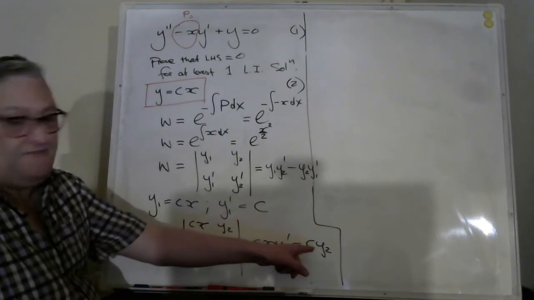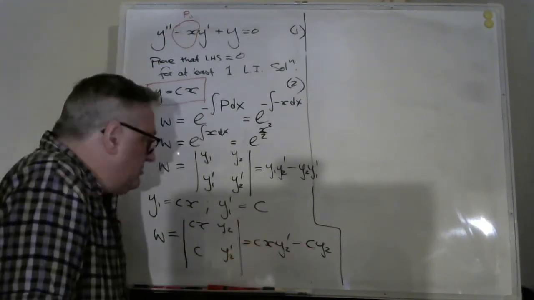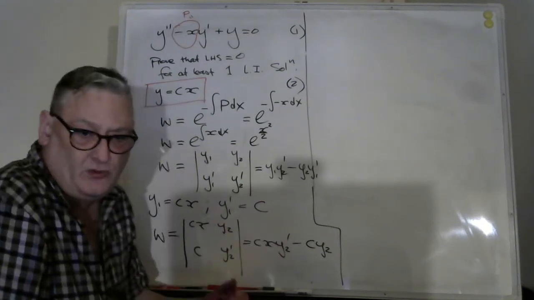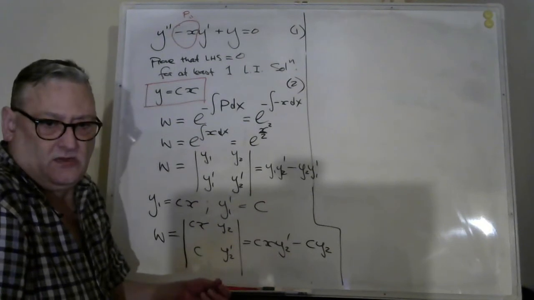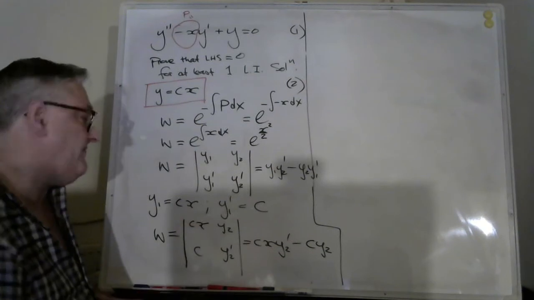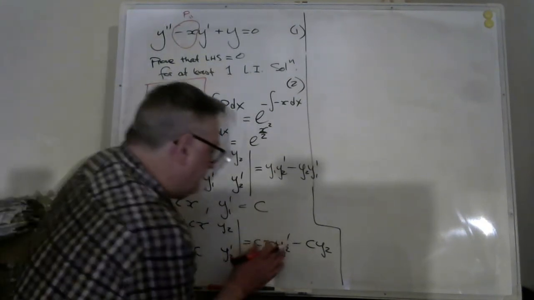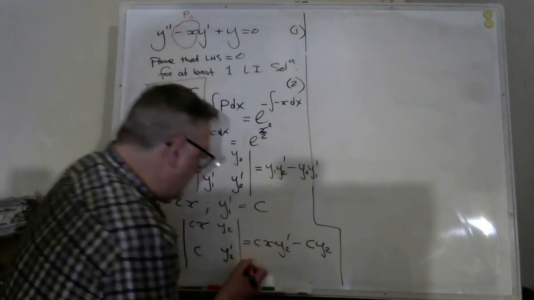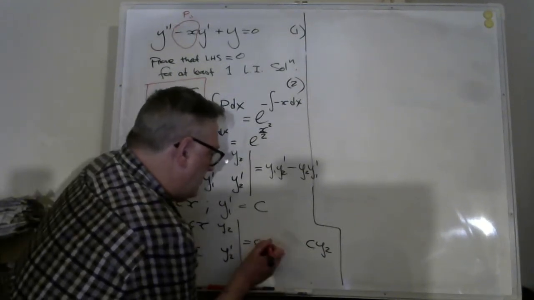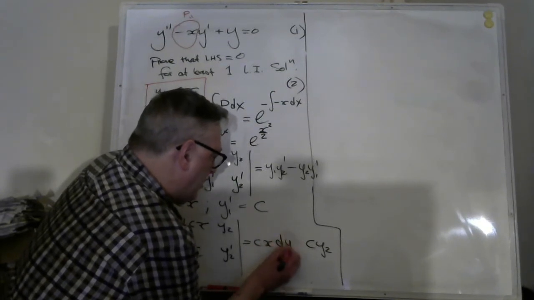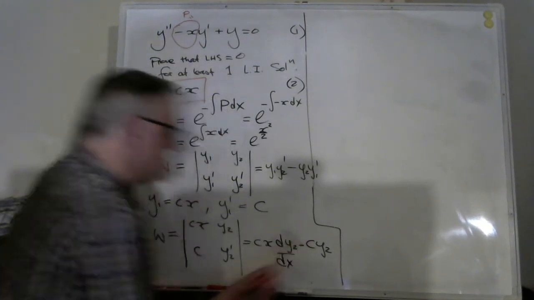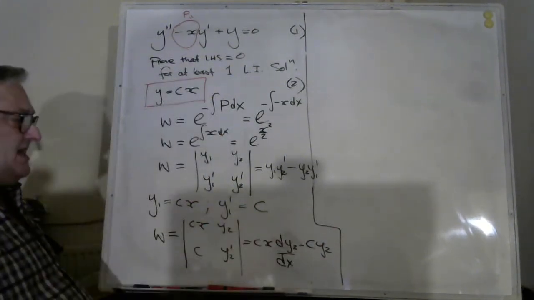Now this is actually a first order differential equation, because y2 prime is dy2 by dx, a derivative, if you like. So we can replace this y2 prime by dy2 by dx, minus everything else just stays the same.